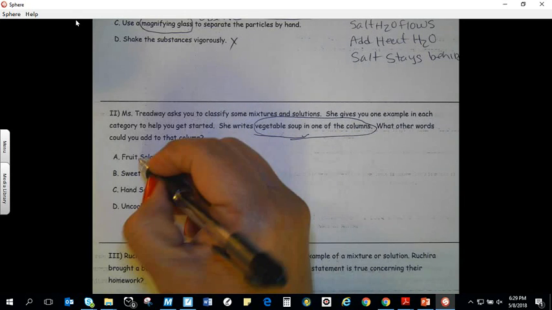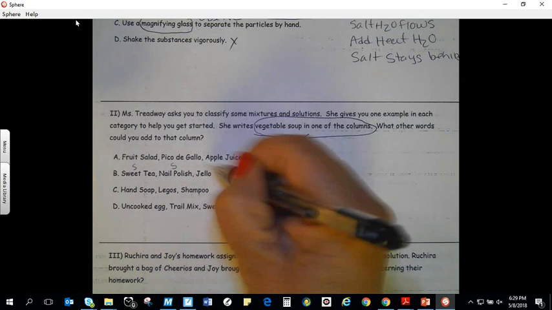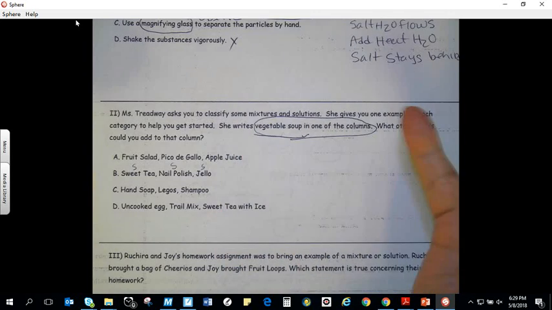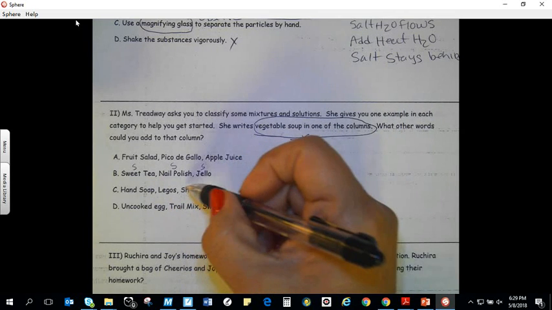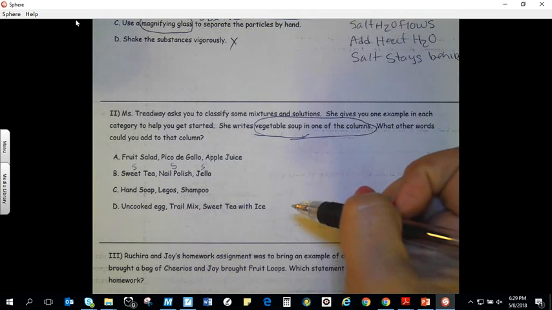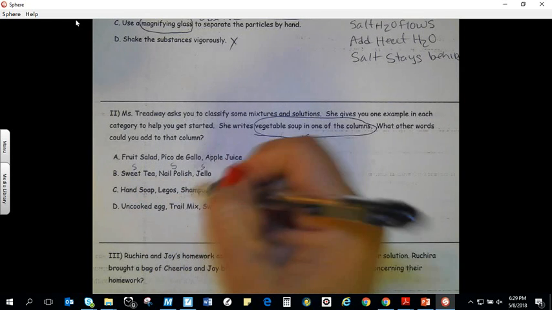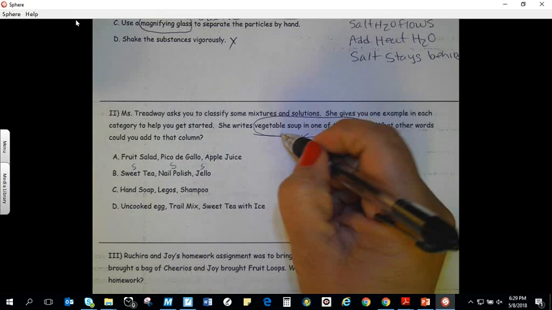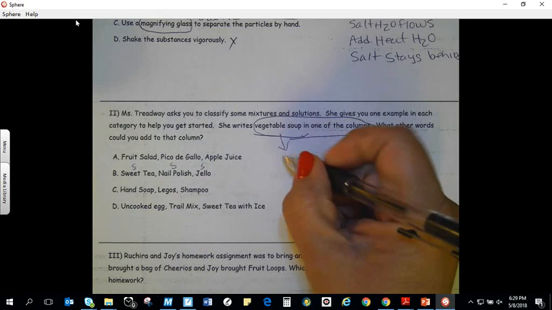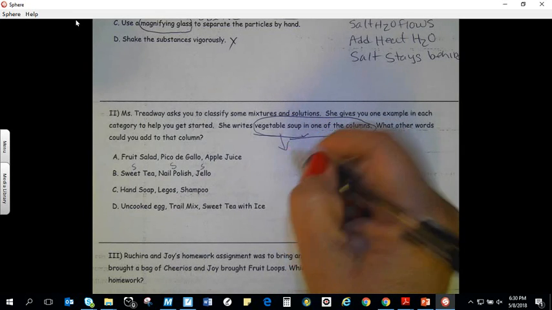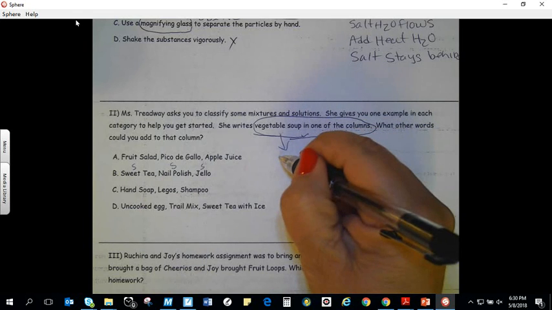Okay, so this is a solution, and jello is a solution. It's just jiggly. Hand soap, Legos, shampoo. Okay, so we have vegetable soup. In vegetable soup, we have noodles.